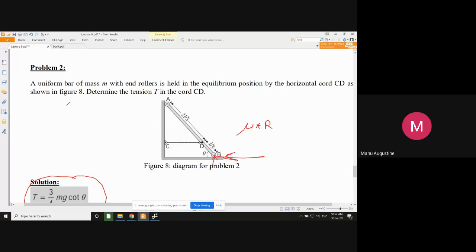Sometimes they give the problem like this, that the wall and floor are frictionless and some unknown force is applied at the bottom to hold the ladder from falling down. This rod is prevented from falling down by applying a load of, say, unknown force, say P. And they say that the rod itself has a weight of mg.